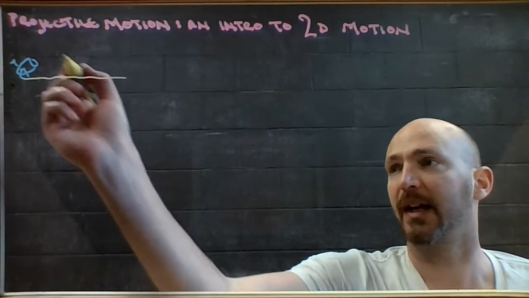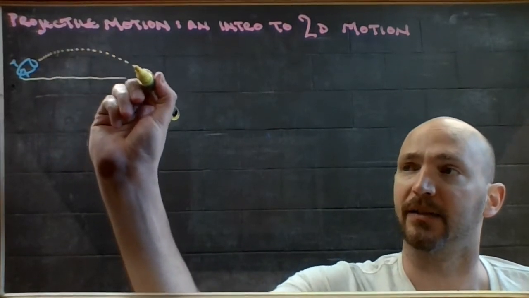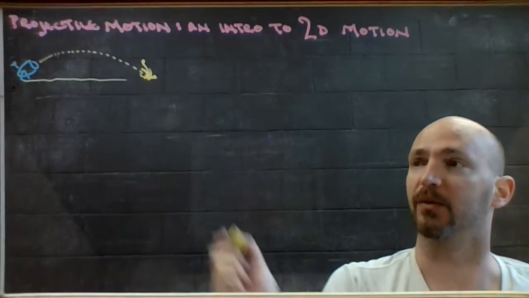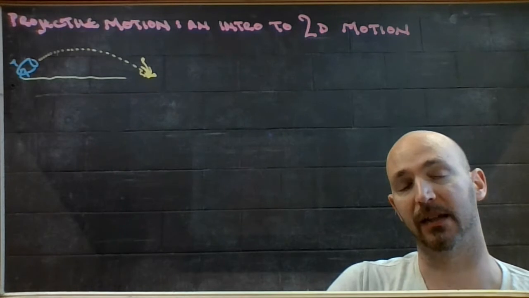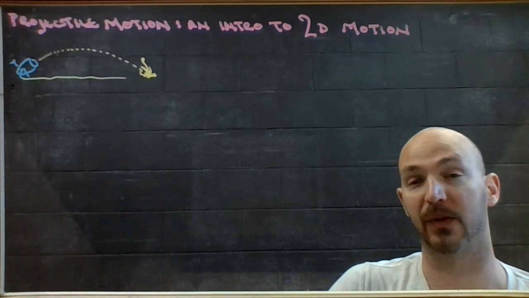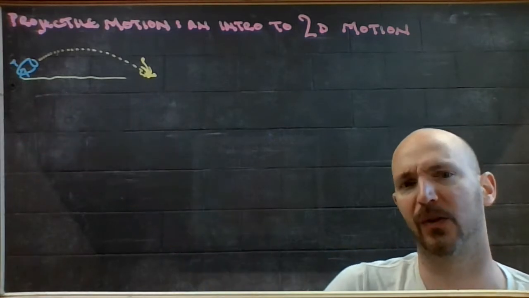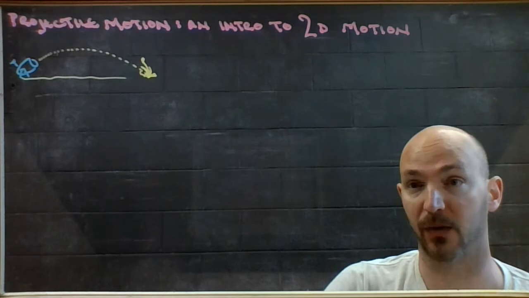And so we're going to have this cannon launch something, and it's going to fly like this, and it's going to land and cause much chaos and destruction, of course. And so based on the initial conditions of this cannon, we'd like to know exactly where that is. So how far away is this cannonball going to strike the ground?